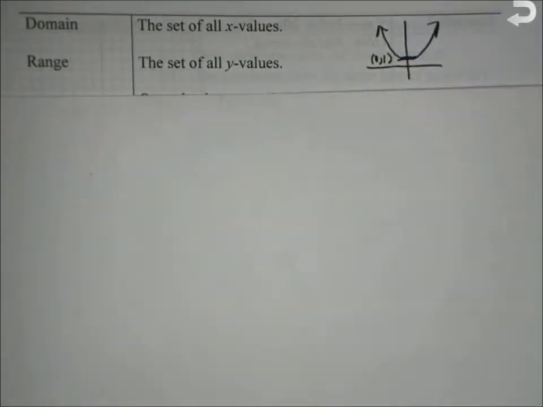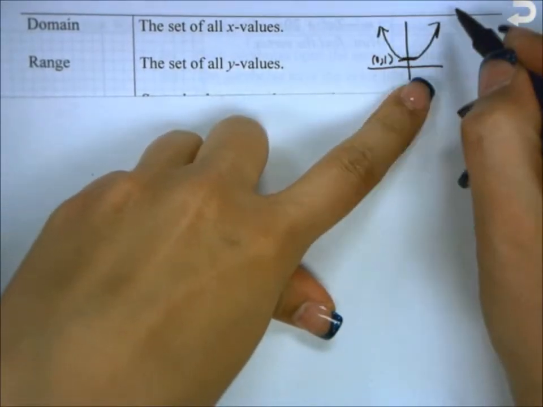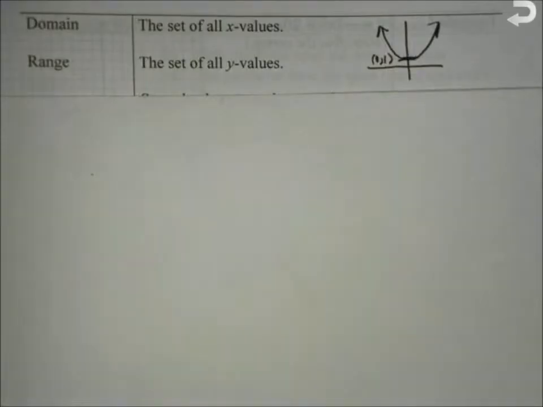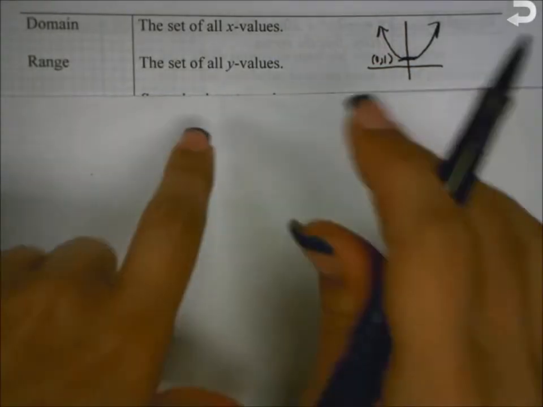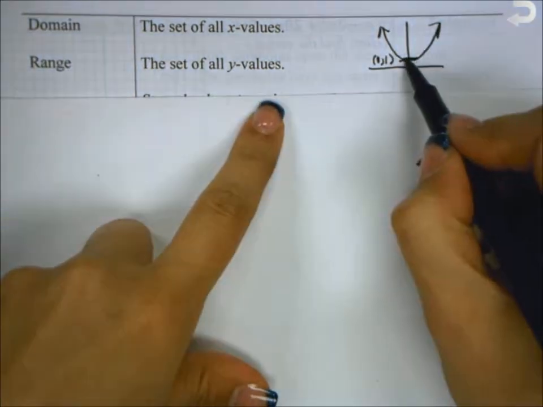Any x value. Are you guys comfortable, first of all, with the fact that a graph is just a picture of all the answers? Like a line is a picture of all the answers? A parabola is just a picture of all the answers of an equation that has x squared in it? Okay, so we can plug in any value for x because this parabola goes on forever.